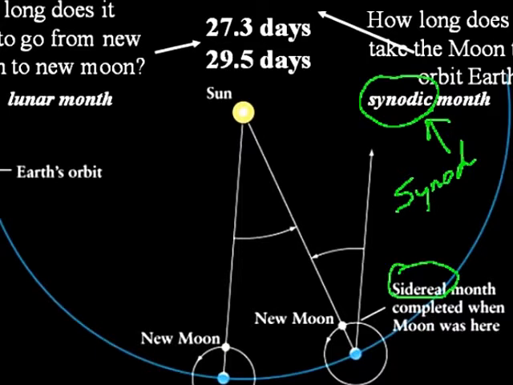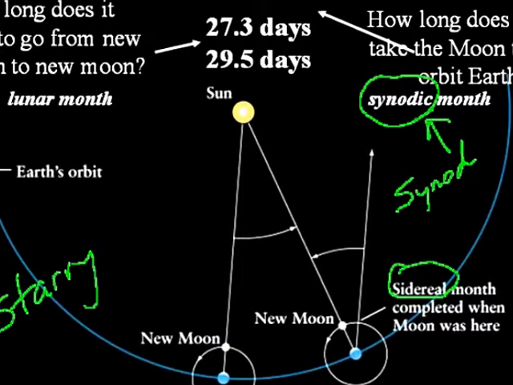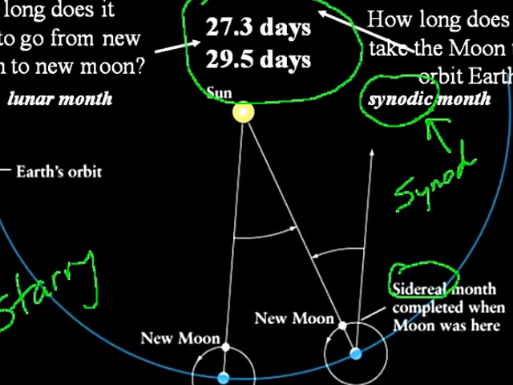The other term is sidereal, and sidereal means starry or a star month, a month by the stars. And the difference is a couple of days, the difference between a sidereal month and a synodic month.